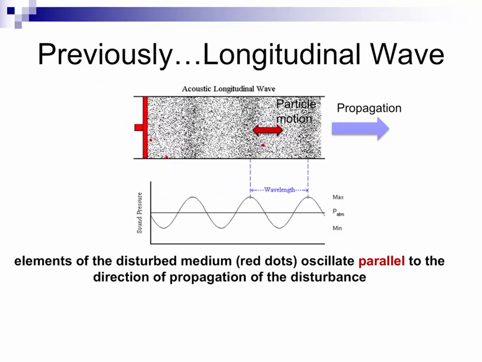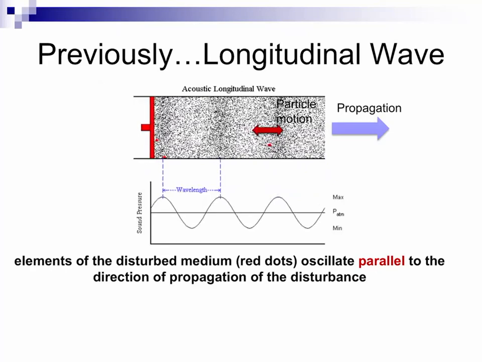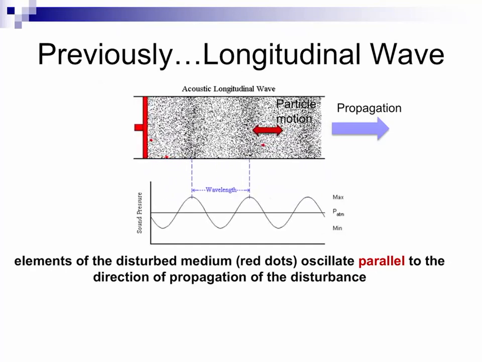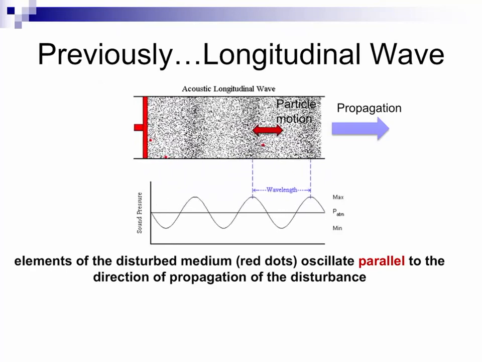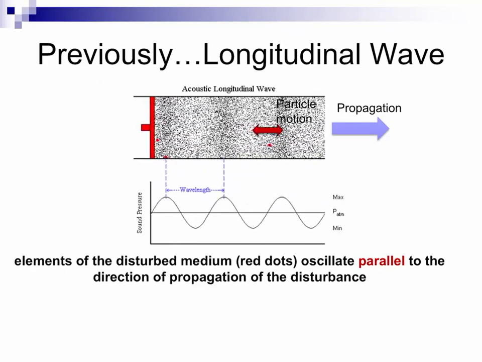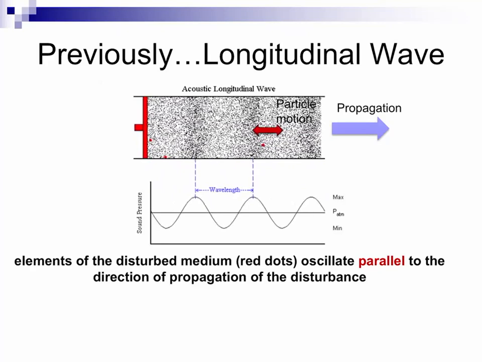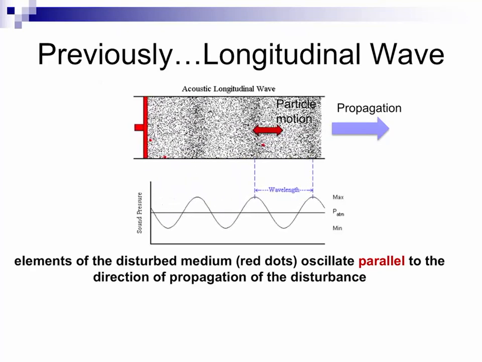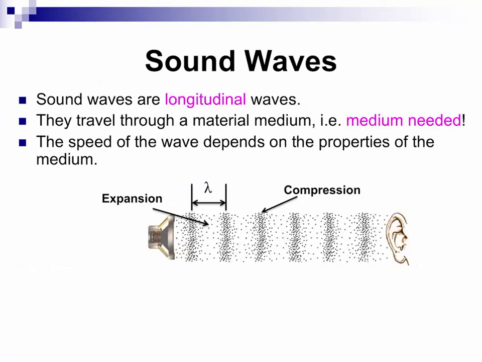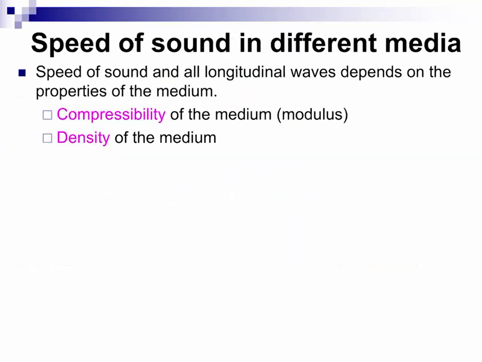So that means that the propagation of sound waves, just like all longitudinal waves, will depend on the properties of the medium. Longitudinal waves need a medium in order to propagate because they need the expansion and contraction of the medium. Specifically, it depends on the compressibility of the medium, right?